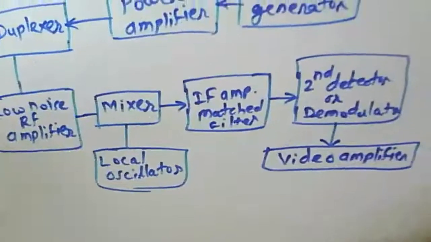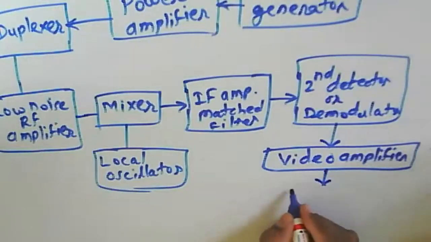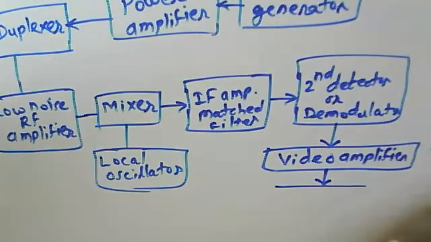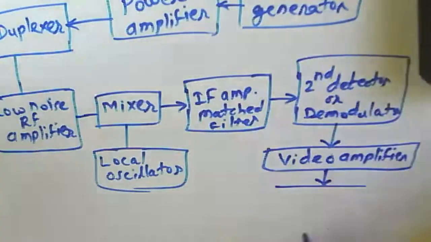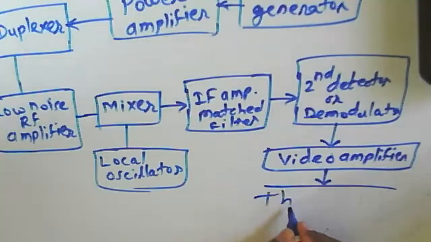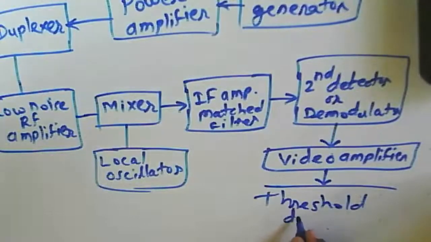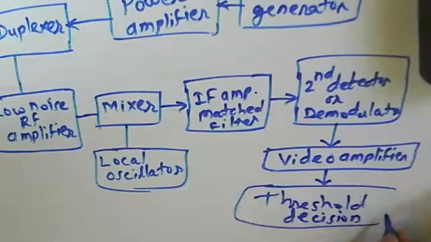Okay, video amplifier, and then we have a threshold decision, and then we will get the output here.